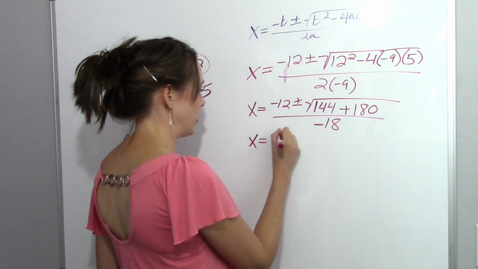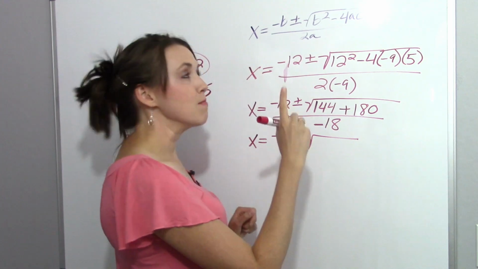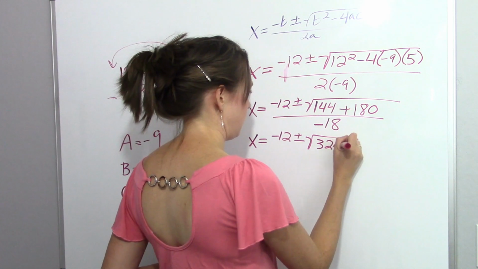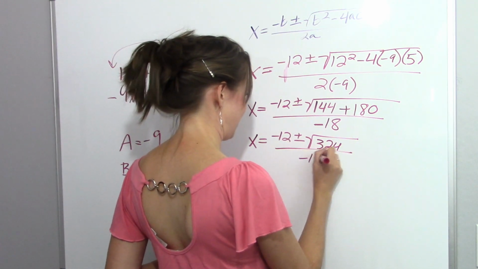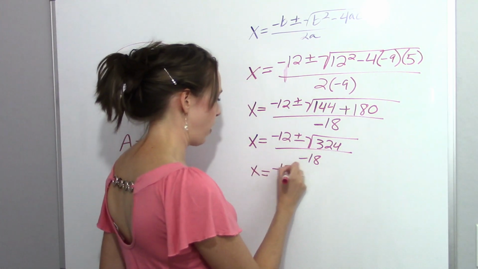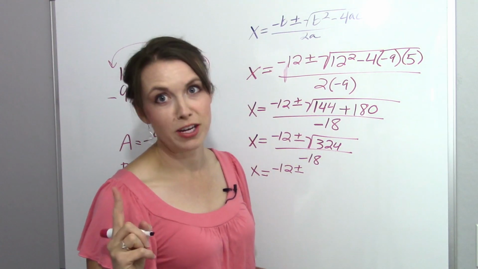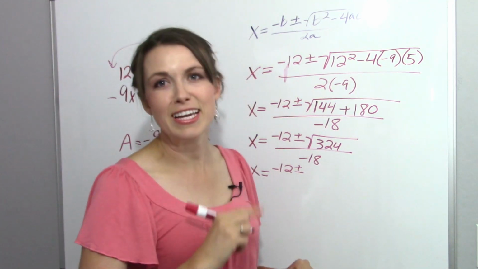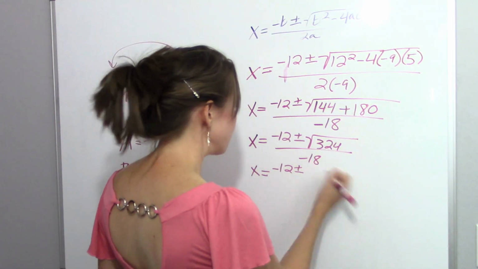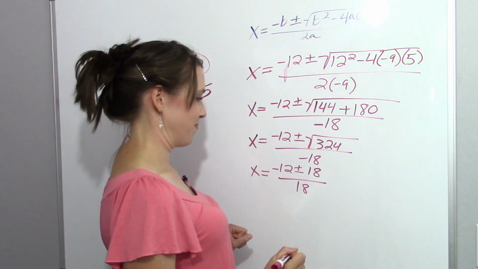X is equal to negative 12 plus or minus the square root. 144 plus 180 is 324, over negative 18. Okay, x is equal to negative 12 plus or minus, quick, what's the square root of 324? 18, you're right. It's okay. I'd use a calculator too. So we have plus or minus 18 over 18.